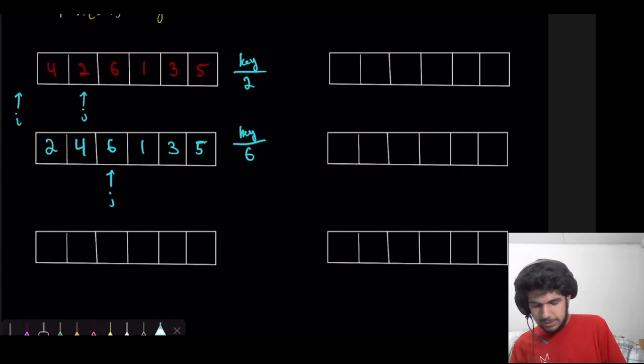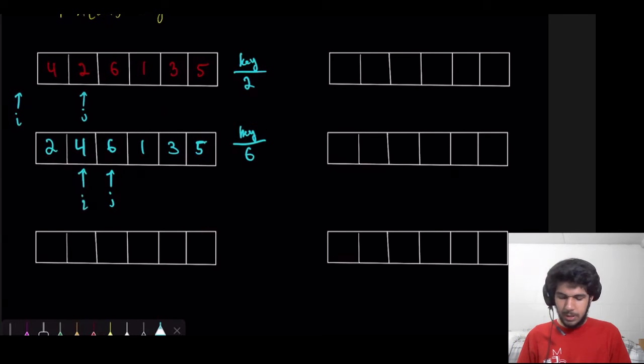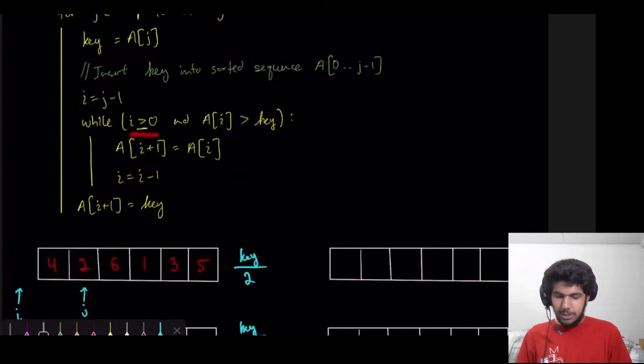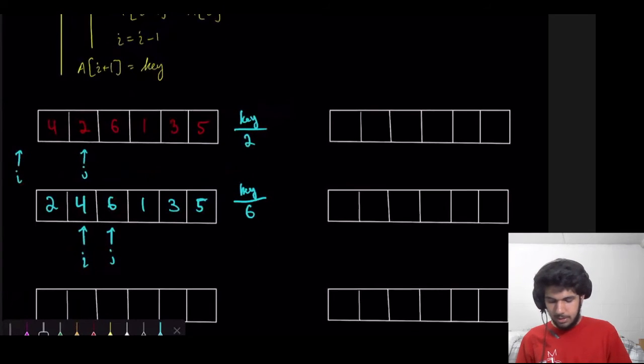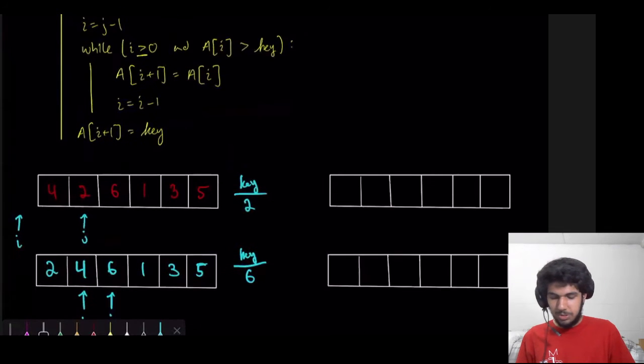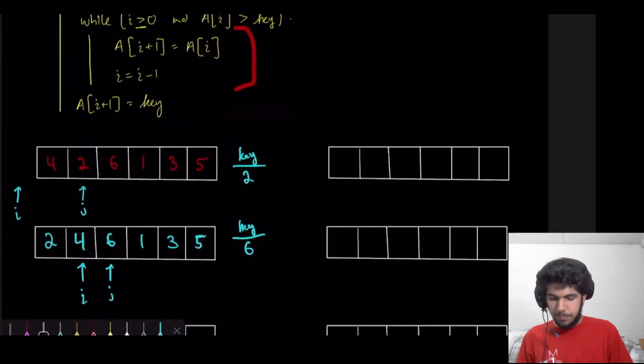The next step is we set our pointer I, which is the element right before it. Then we check: is I greater than or equal to 0, and is the value at I greater than key? I is greater than or equal to 0, but the value is not greater than key. So we do not execute this while loop.